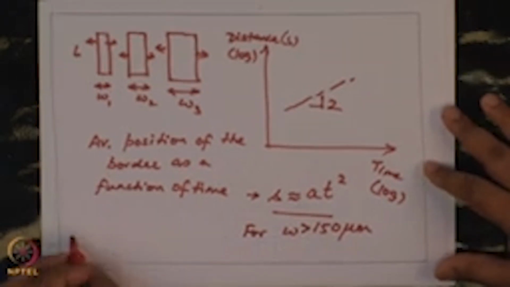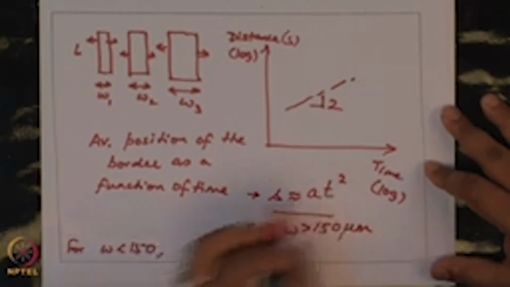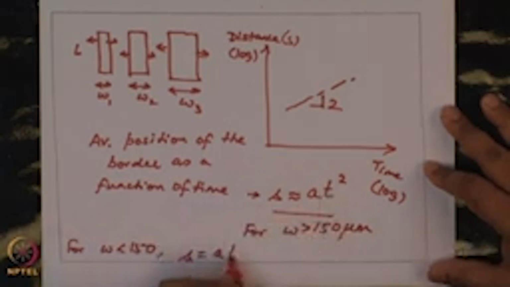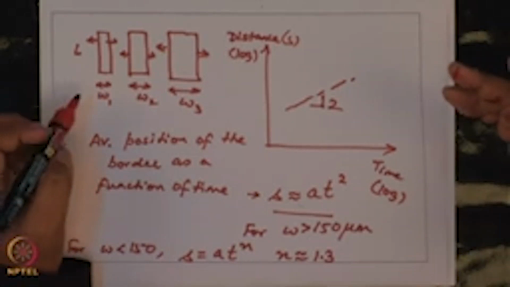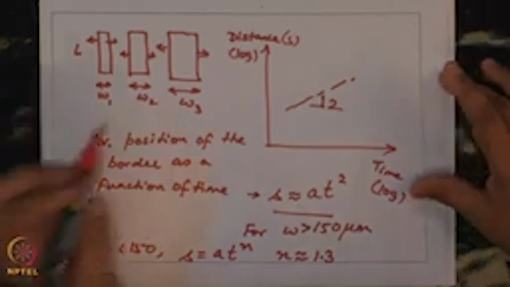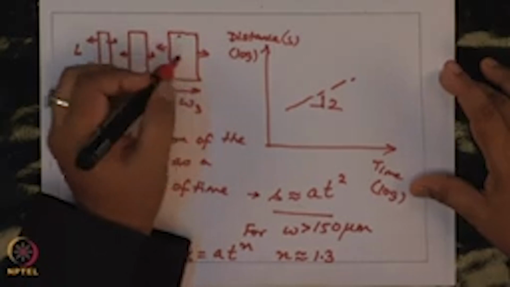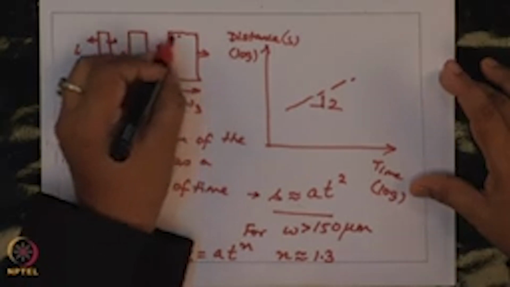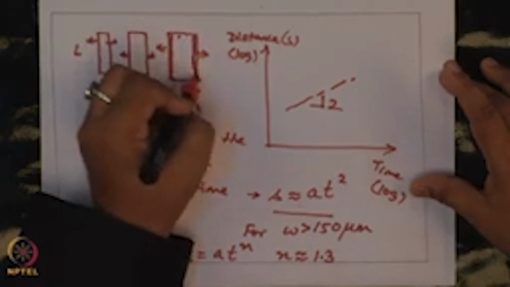However, for W less than 150, if I were to plot it as S is a t to the power n, then this n value was approximately 1.3 for widths which were smaller. So, why did the authors observe this difference? One possibility is when you have cells from a bigger patch migrating, then the cells at this edge don't know of what is happening to the cells at the opposite edge.